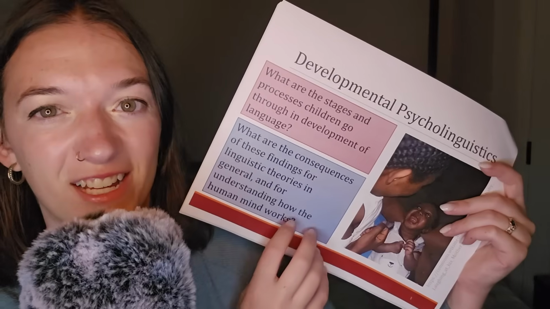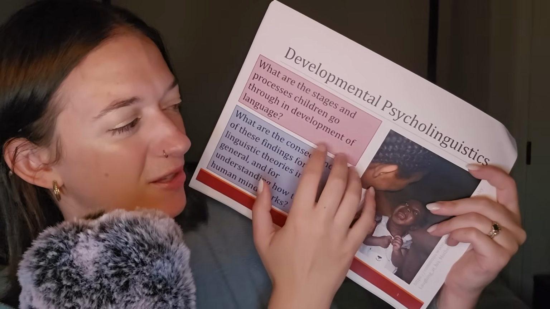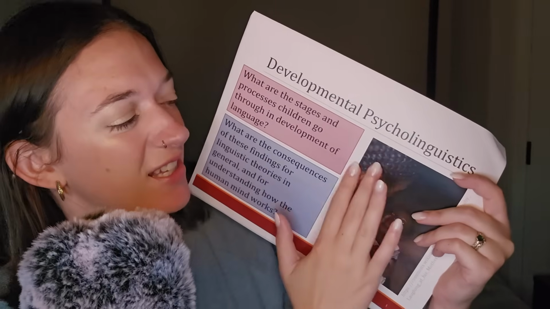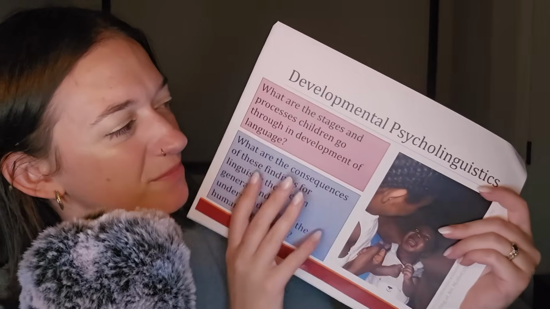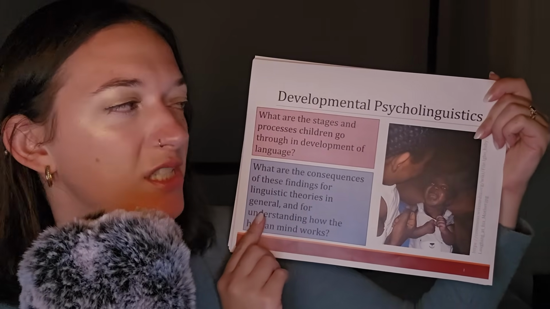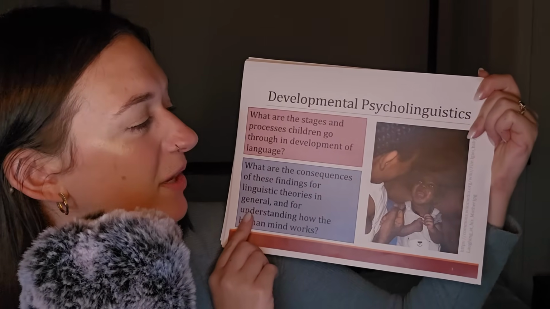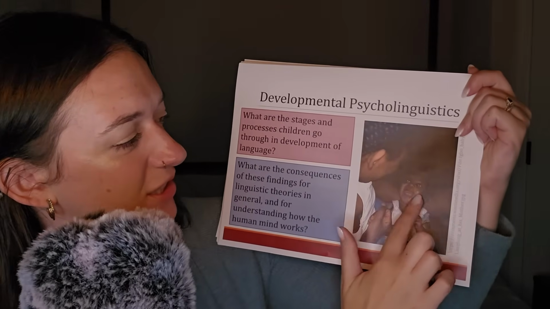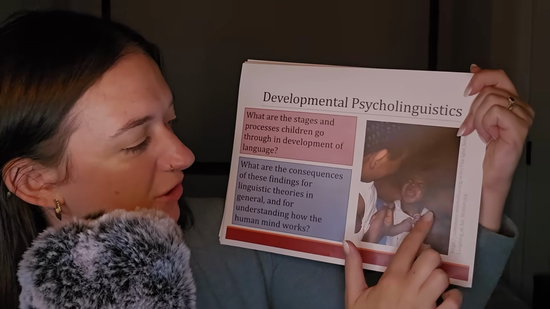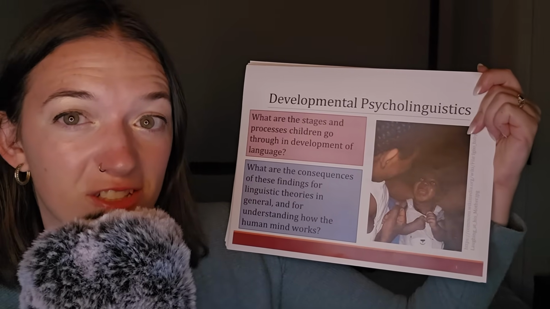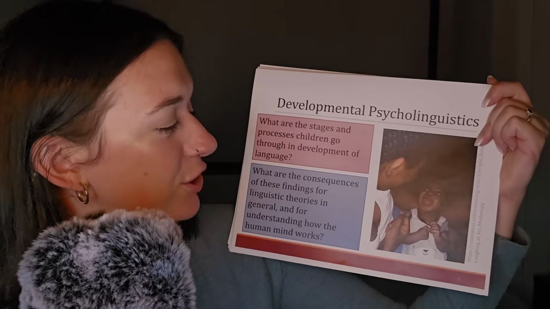So as always, I've printed out some slides to talk about child language acquisition. Let's start by looking at big picture questions in developmental psycholinguistics. This cute little baby right here is in the process of acquiring his or her first language.